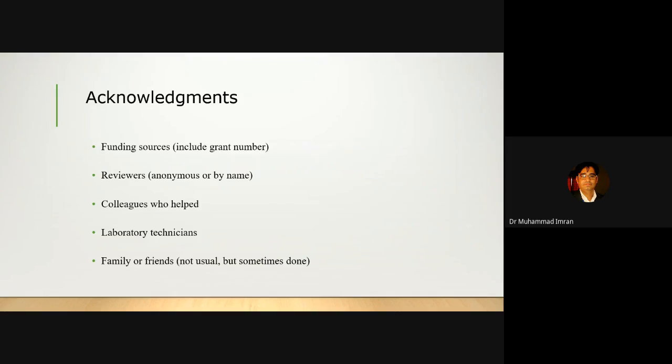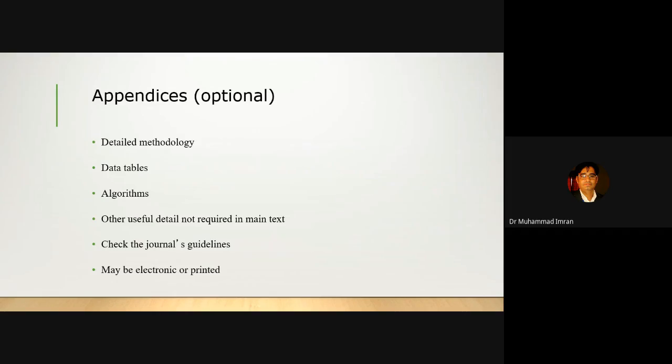If you have not added his name in the manuscript, then you have to add it in the acknowledgement section. Then write down the name of the laboratory technician who helped you. Family and friends are mostly not part of the acknowledgement section.